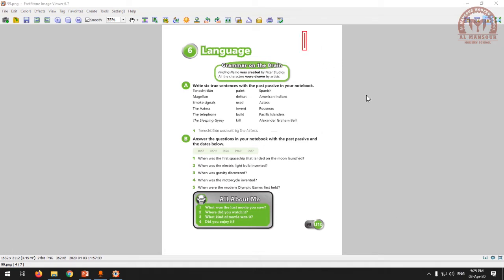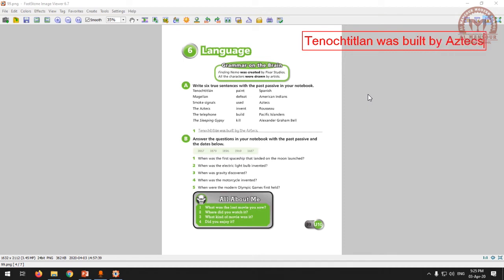So the first word we have is Tenochtitlan. Was built by Aztecs. For those who don't know, Tenochtitlan is a city in Mexico, and Aztecs are a tribe also in Mexico.